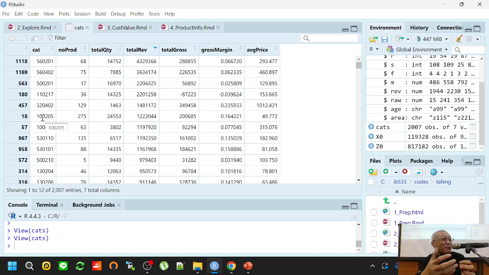When you do the presentation, from this category you know that its average price is about $200. So you can use your creativity to say, what can you buy for $200?